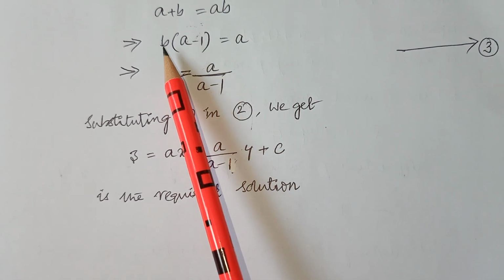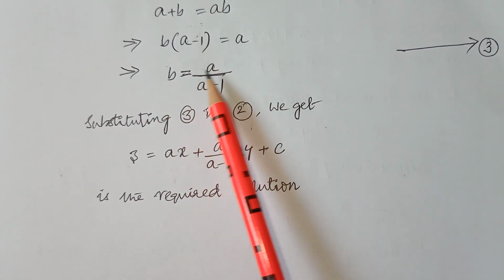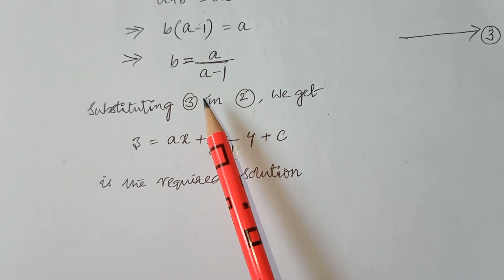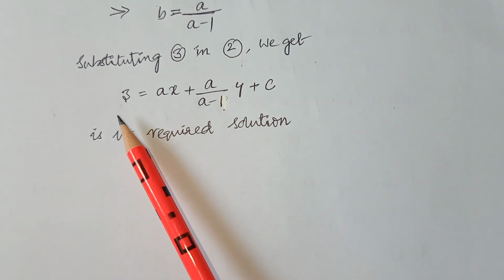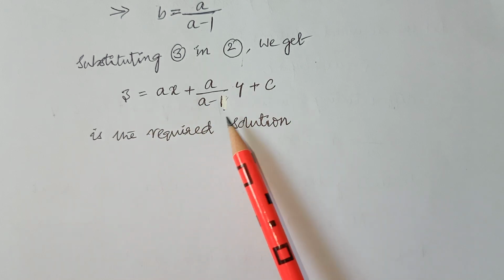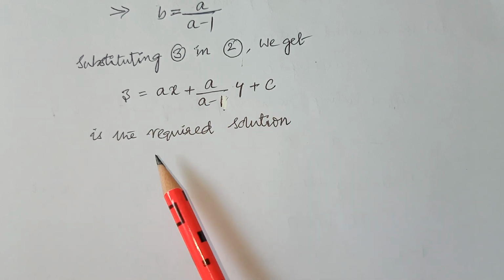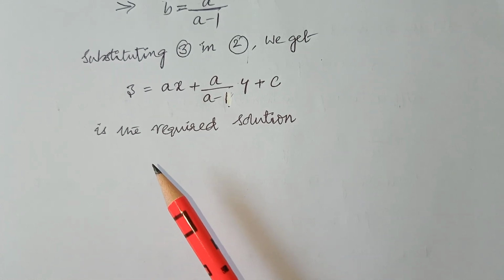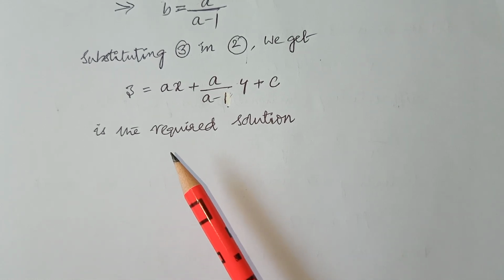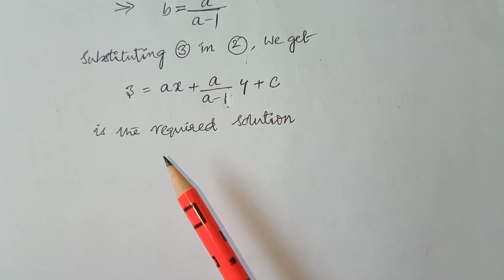Now from this, b into a minus 1 is equal to a, so b is equal to a by a minus 1. Substituting 3 in 2, we get z is equal to x plus a by a minus 1 into y plus c. This is the required solution, and this is how any non-linear equation of standard type 1 can be solved.